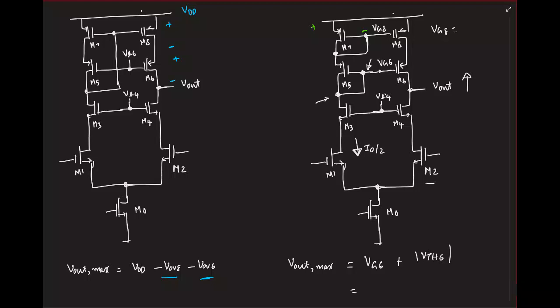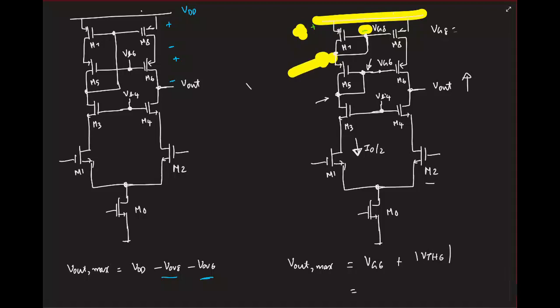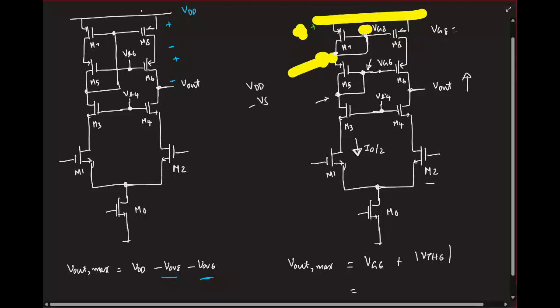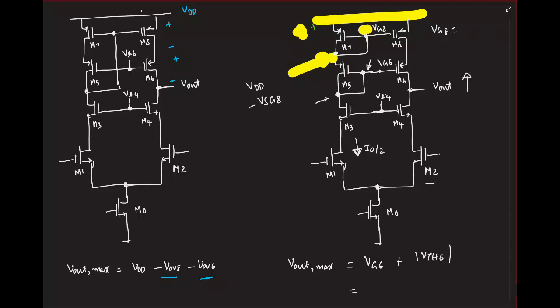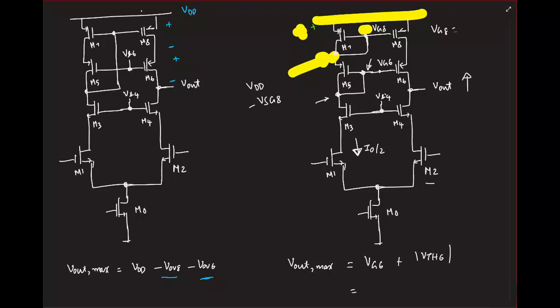It's basically the supply minus the source to gate voltage. So that's what is here, right? So this is VDD minus source to gate of M8. So this is the voltage applied to source of M5. So what will be the voltage at a gate of M5 or M6?